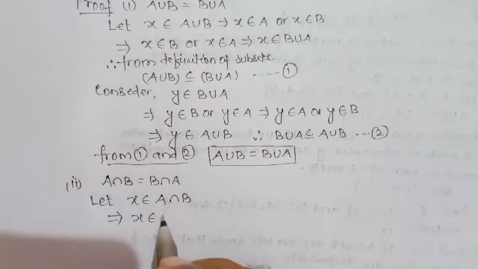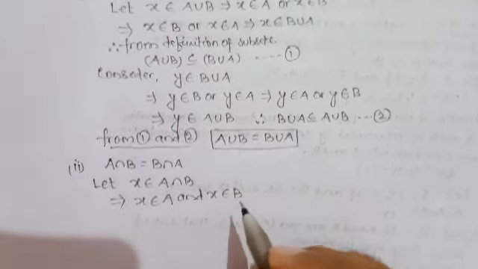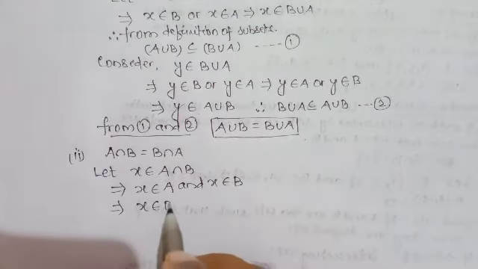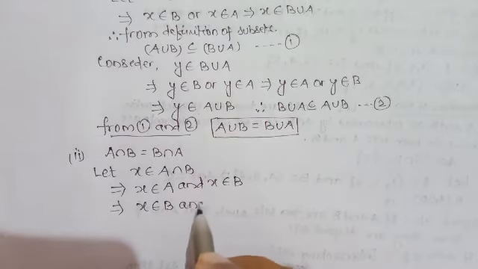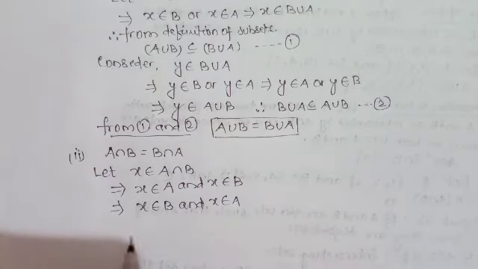So X belongs to A and X belongs to B. It should be written as X belongs to B and X belongs to A. So again, X belongs to B and X belongs to A implies X belongs to B intersection A.